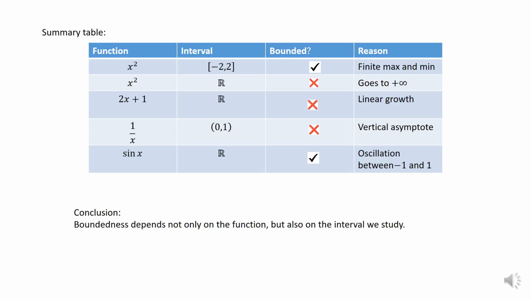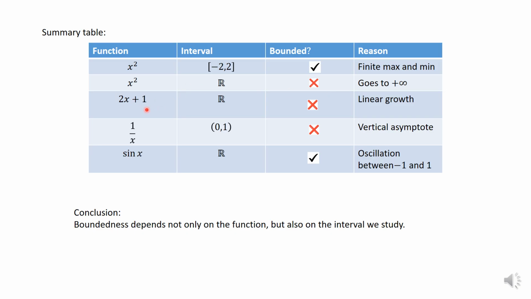So to wrap up what we have discussed before, let's look at this table. The function x power 2 is bounded over the interval -2, 2 because it has a finite maximum and minimum, 0 minimum and 4 maximum. Now the same function, when the interval differs, when the interval is R, is unbounded because the function goes to plus infinity as x goes to minus or plus infinity. 2x plus 1 is a linear function.